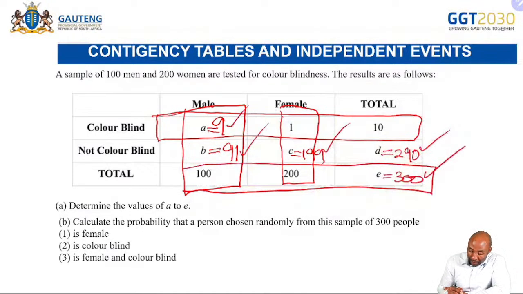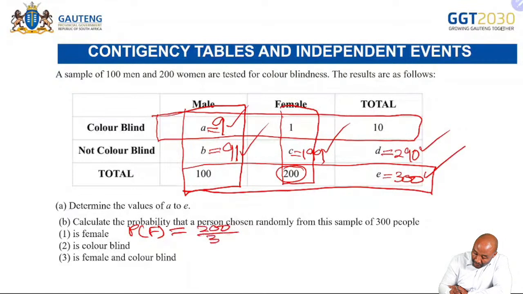Calculate the probability that a person chosen at random from this sample space of 300 people is female. Now, we will use F for female, so the probability of being female. How many females do we have? There are 200. So the number of females is 200, and our sample space is 300. That's how we'll get our answer. When we simplify, we get 2 over 3.